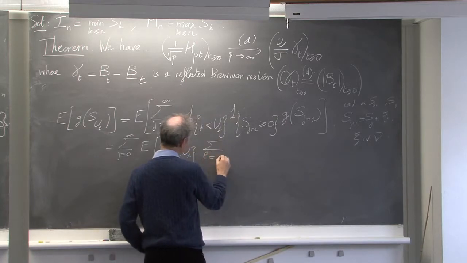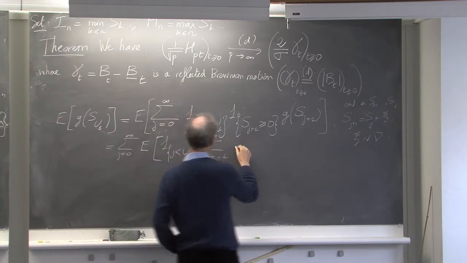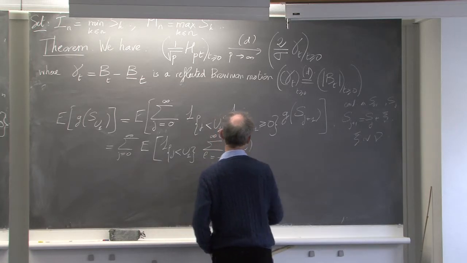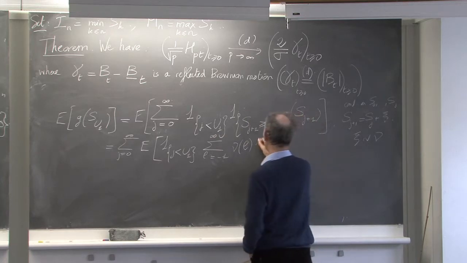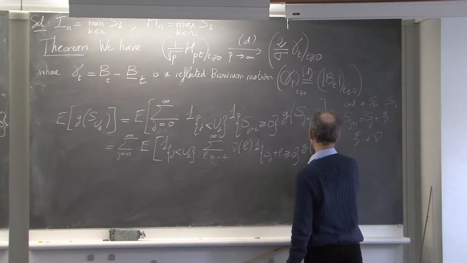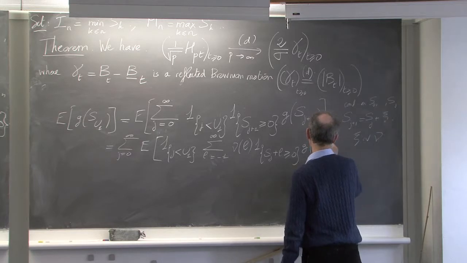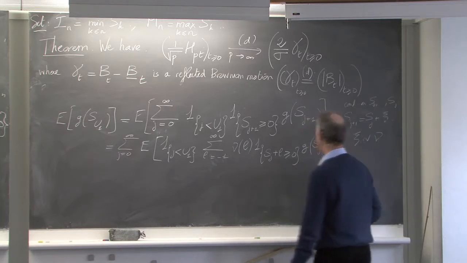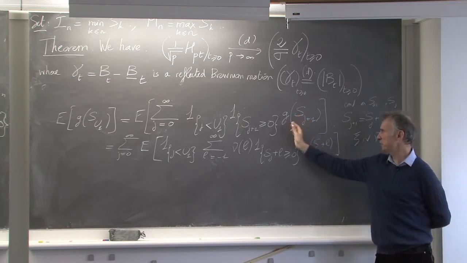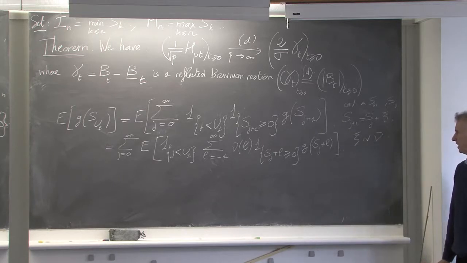So sum from L equals -1 to infinity of mu of L, and then what you want is Sj plus L to be non-negative, and g of Sj plus L. Just look at the conditional distribution of S_{j+1}, knowing what happens before time j.